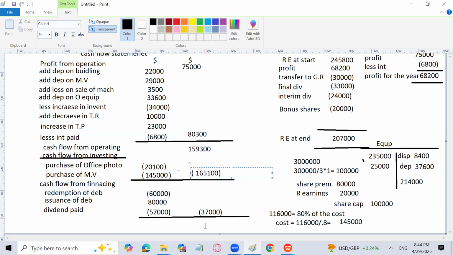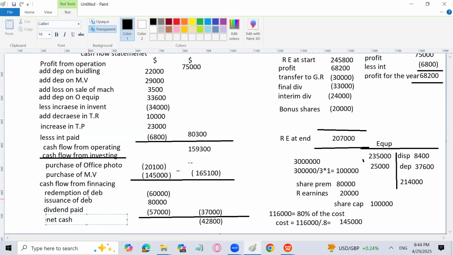Now you can tell me. This is in negative. Yes, 42,800 is the negative net cash we have.